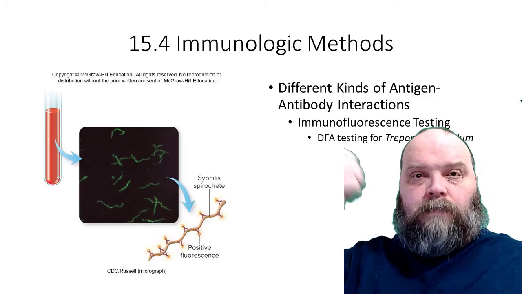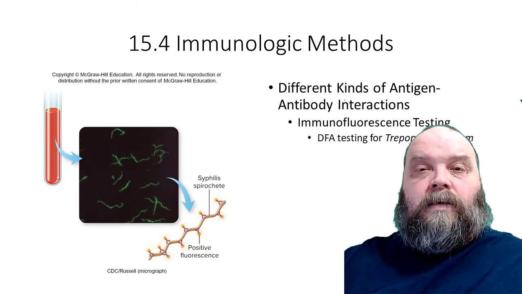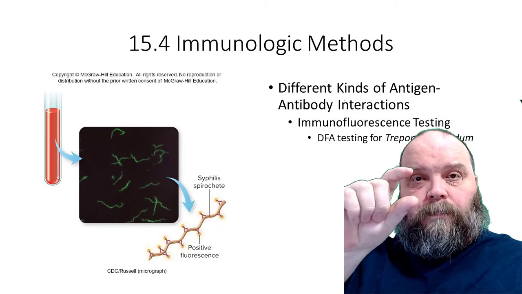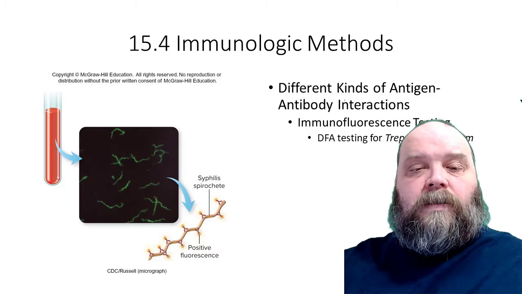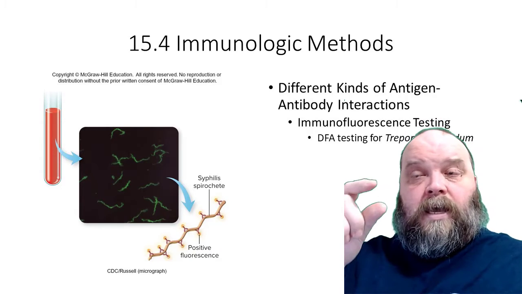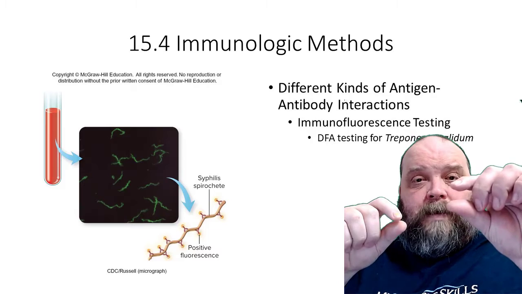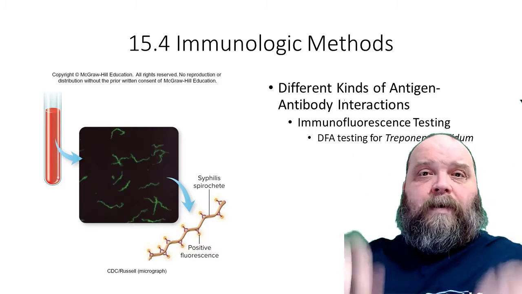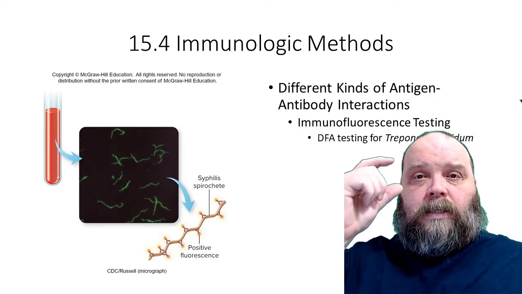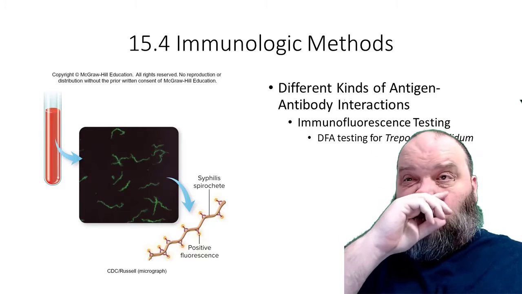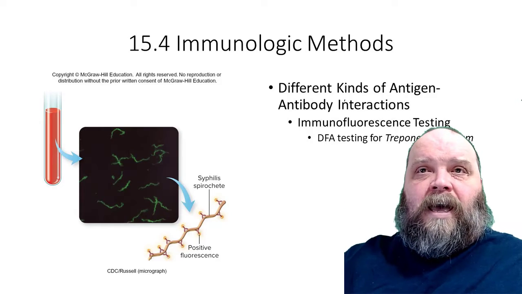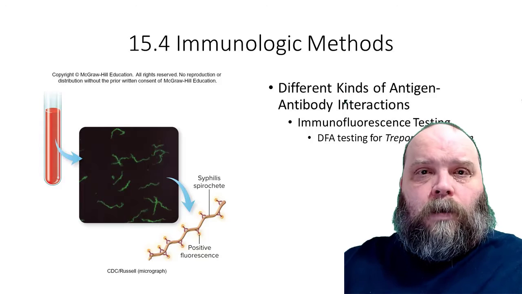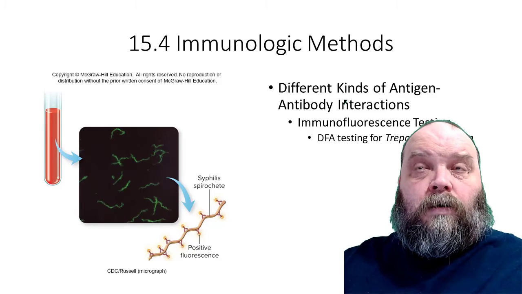You scrape, you swab, you smear it on a glass slide, and then you take that rabbit serum, put a drop of it where you smeared the syphilis, rinse that away, and if you did it with rabbit, then you come in with goats that have been injected with rabbit antibodies. On the goat serum, all the antibodies have been tagged with a molecule that glows under black light.